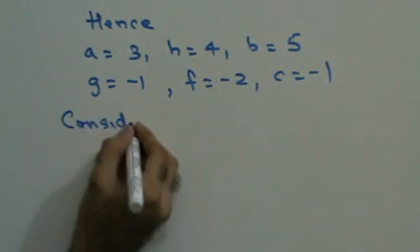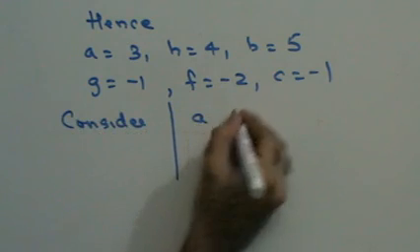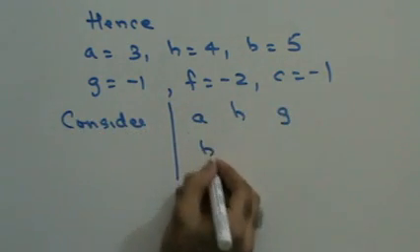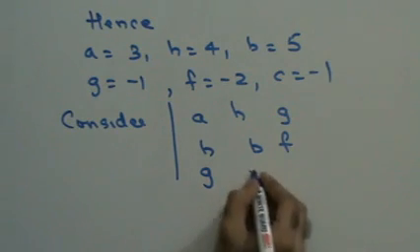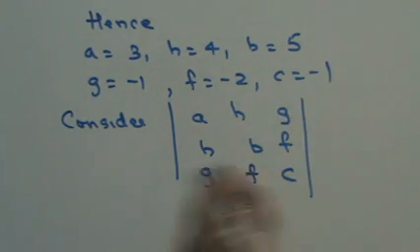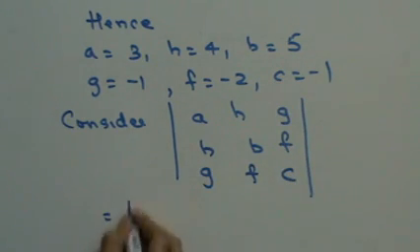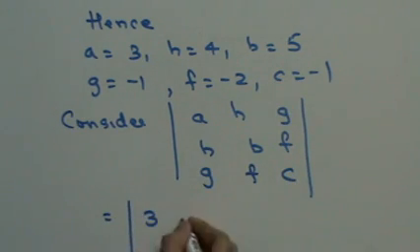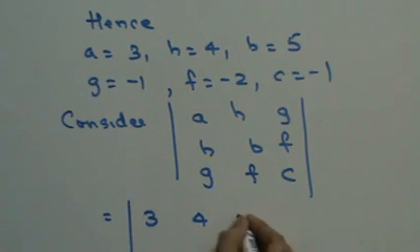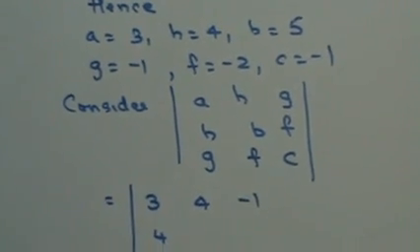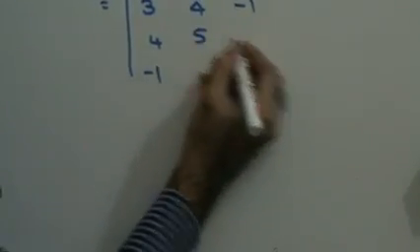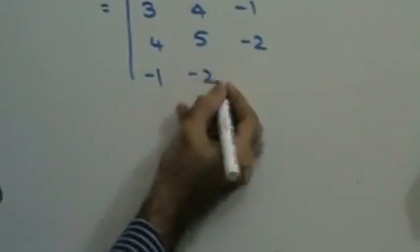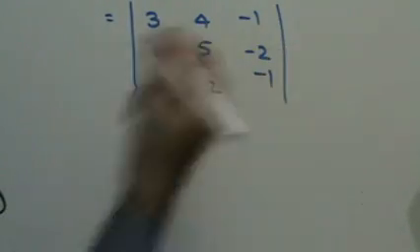Consider AHG, BFFC is equal. Now let's find this out. A is 3, H is 4, G is minus 1. B is 5, F is minus 2, and C is minus 1.